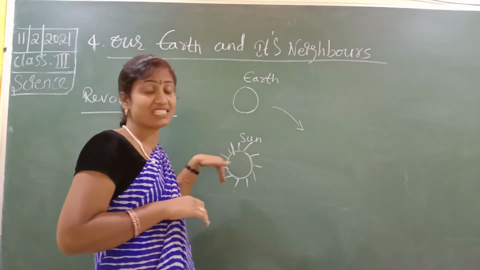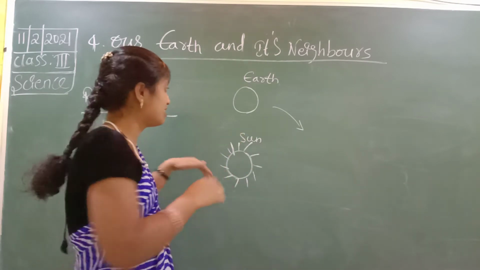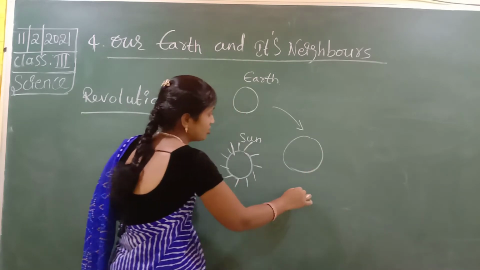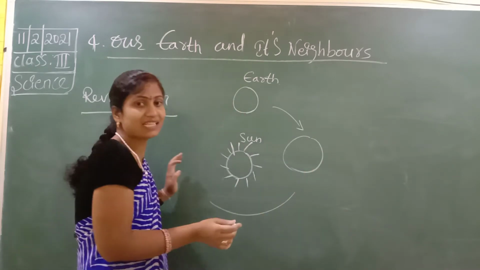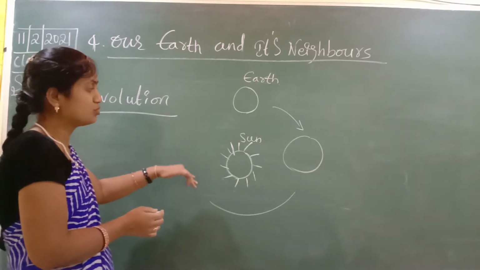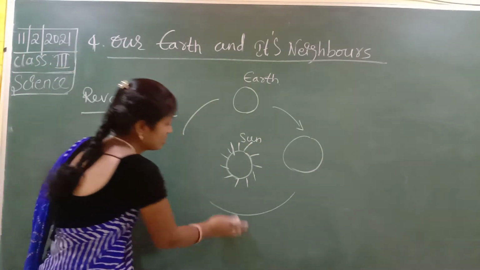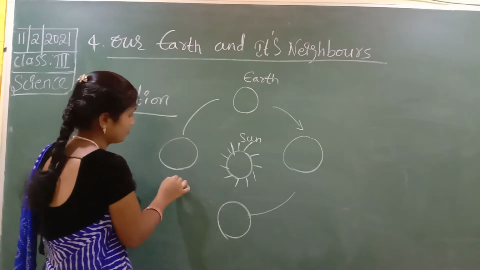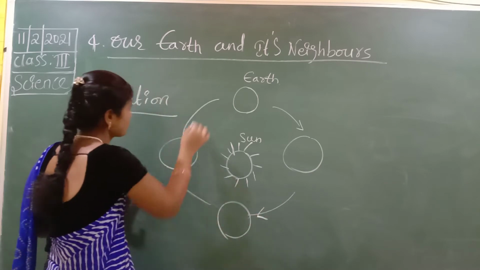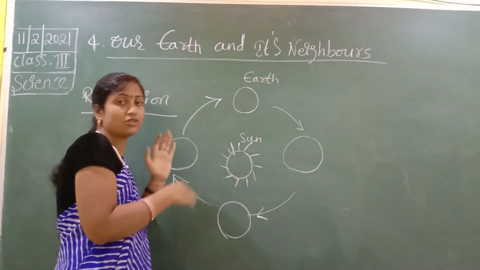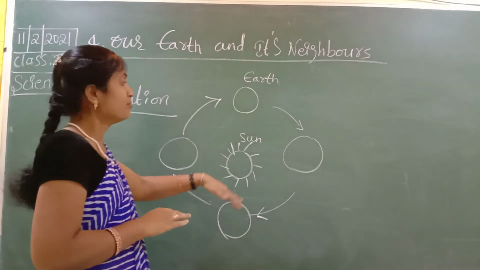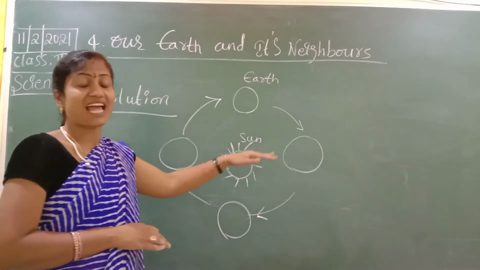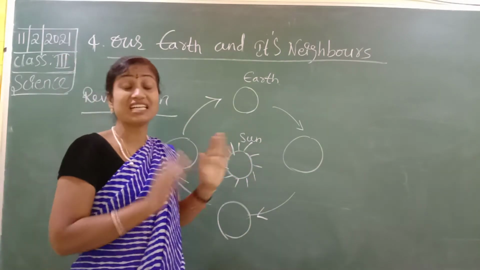This is the Sun, this is the Earth. It moves like that, 1, 2, 3, 4. Like that only, it rotates on its axis around the Sun. The Earth rotates on its axis and around the Sun in a fixed path.